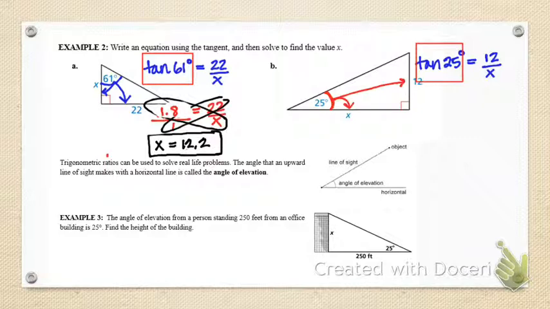Let's look up the tangent of 25 degrees. We're going to get 0.4663. And again, this is a proportion. So we're going to cross multiply and solve for x.